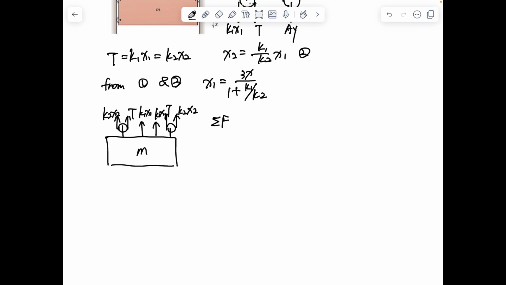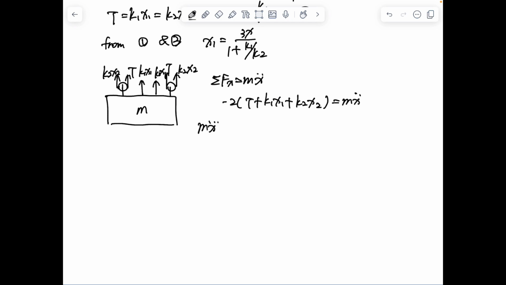Then Newton's second law, sum of Fx is equal to m x double dot. We have negative 2T plus k1 x1 plus k2 x2, which is equal to m x double dot.